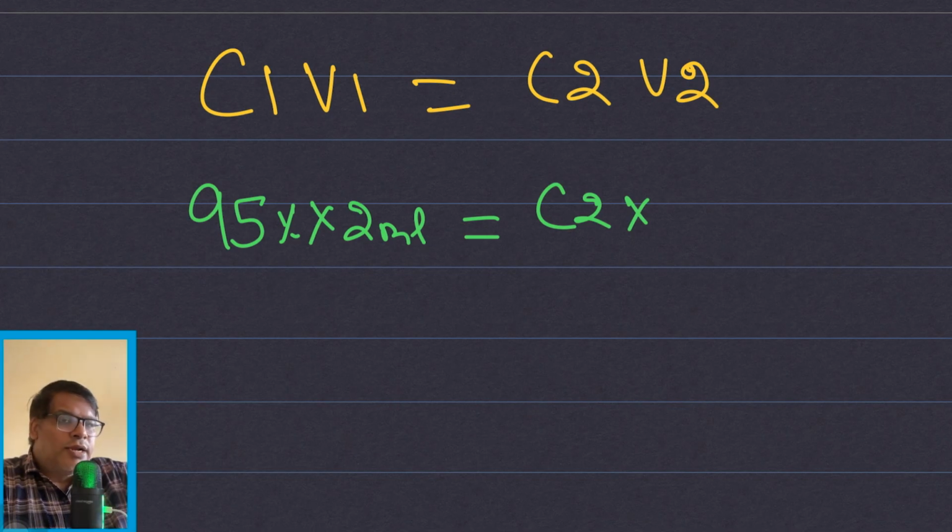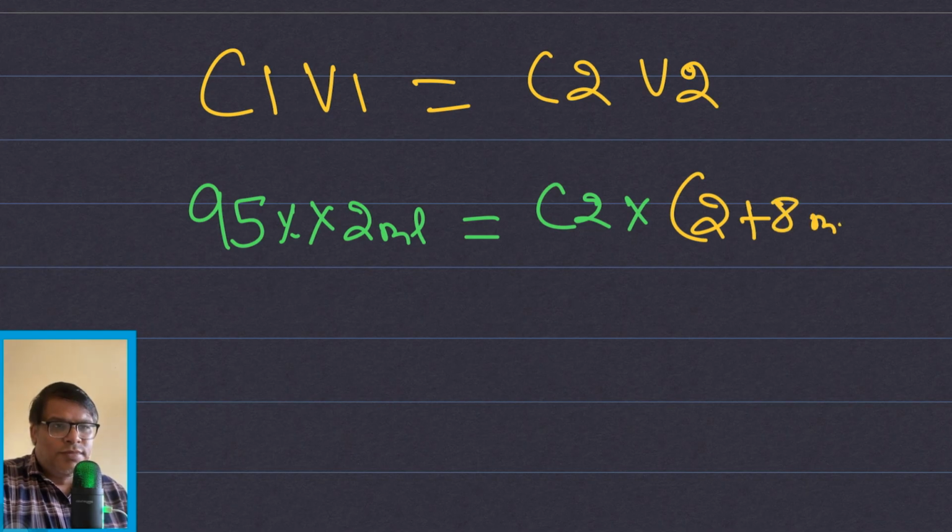You have added 8 ml water to 2 ml ethanol. The final volume is 8 plus 2, 10. Many times students make a mistake, they take 8. No. Here your final volume is 2 plus 8, 10 ml.